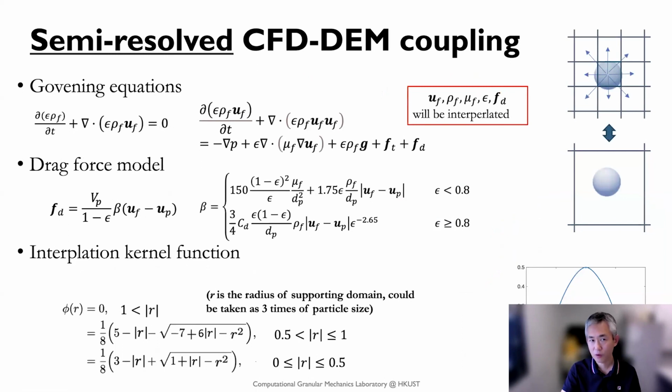And for the semi-resolved, the idea is to do interpolation. We use an interpolation kernel function and try to interpolate the interaction force of this particle with the surrounding fluid cells in such a way as to gain improved resolution here.